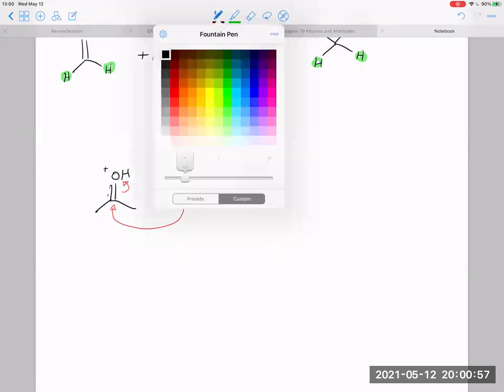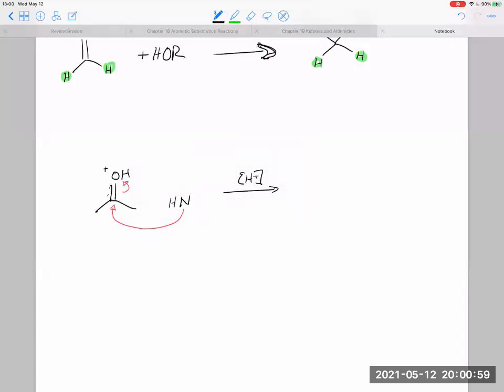The whole reason we have to protonate that oxygen first is that if we didn't, when that pair of electrons got kicked up, it would be a negative charge. That gives us this tetrahedral intermediate, and we go from there to kick off that oxygen and replace it with whatever group is being added.